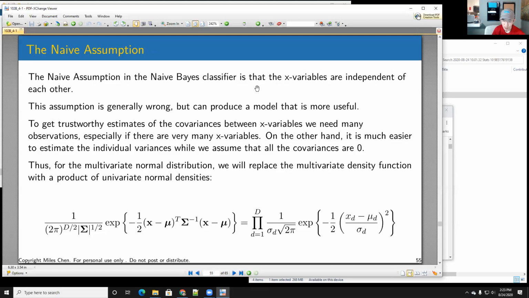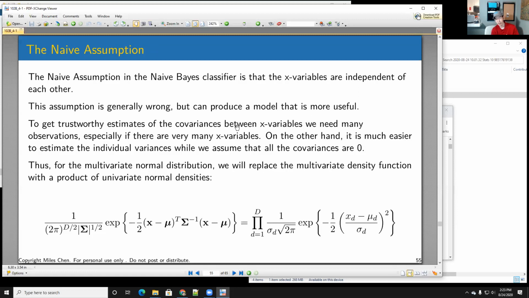Well, the reason for this is that it is often difficult to get reliable estimates of the covariance. When you only have a few variables like x1 and x2, getting an estimate of the covariance is not going to be too hard.